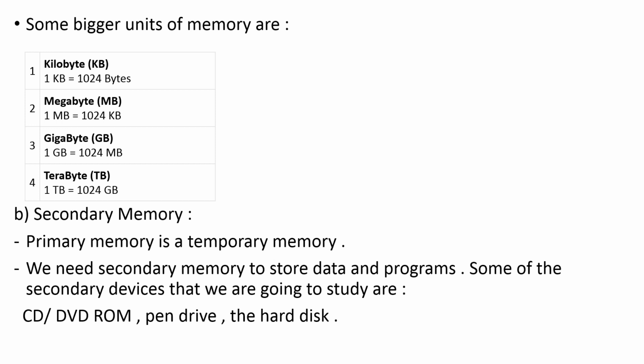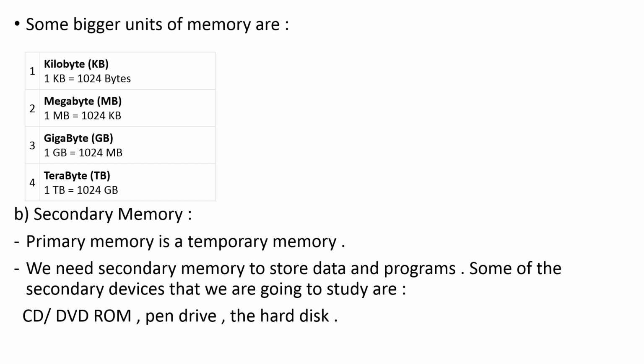Then we are going to study the secondary memory. You know that primary memory is the temporary memory. Now we need some permanent storage so that we can store our data in permanent form. That comes under the secondary memory.